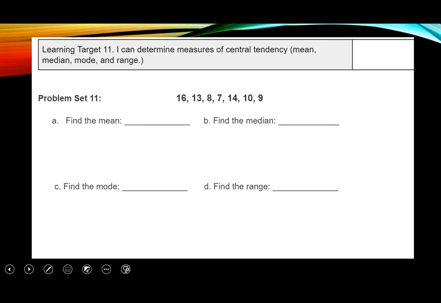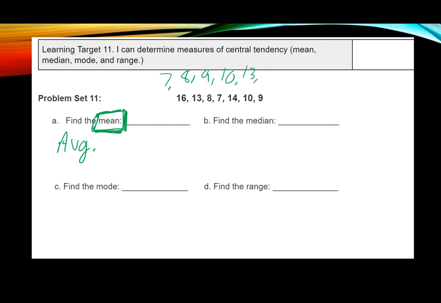All right, now we're looking at mean, median, mode, and range. So let's look at what this means. What does mean mean? What do you mean? So that's going to be our average, right? Justin Bieber's average. And so here we have 7, 8, 9, 10, 13, 14, 16.